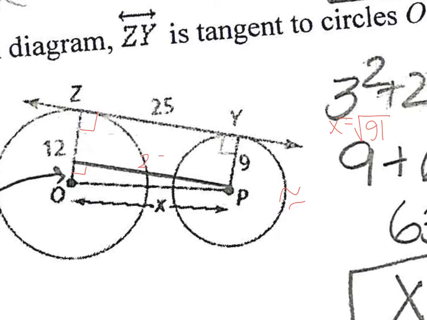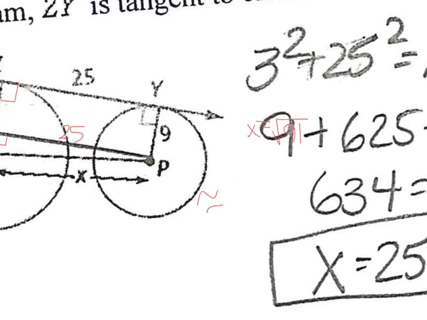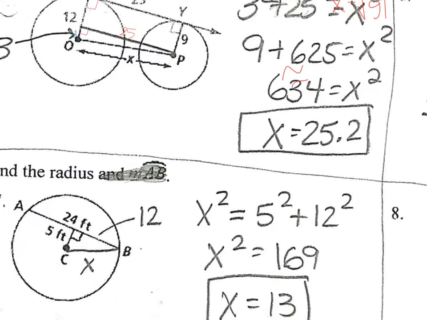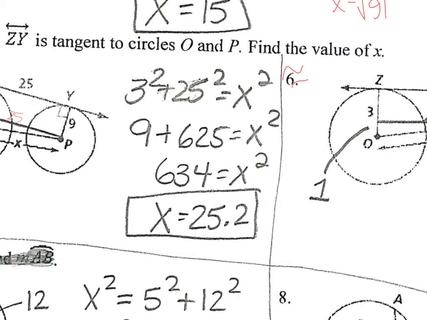So this segment is 25, and this part is 3, because 12 take away 9 is 3. And then you can do the Pythagorean theorem. So this is about 25.2.